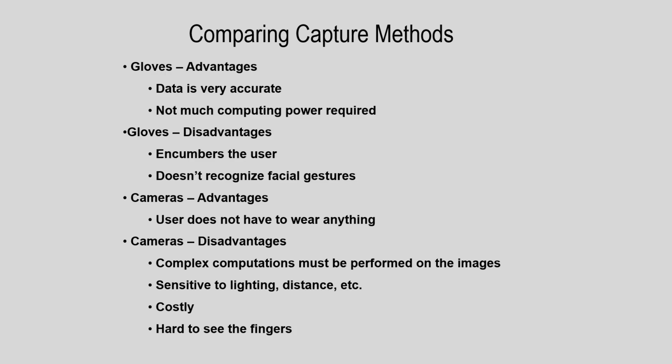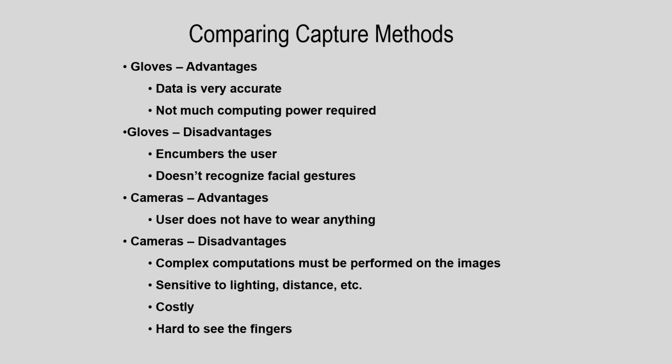If I compare these two systems, one is the glove based system, another one is the camera based system, that is the vision based system, both have advantages and disadvantages. If you see the glove based system, the advantages are the data is very accurate, because I am getting the signal from the glove, and mainly we have the optical sensors and the magnetic sensors.